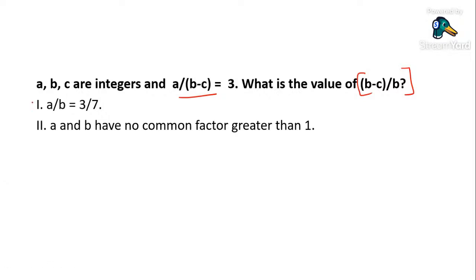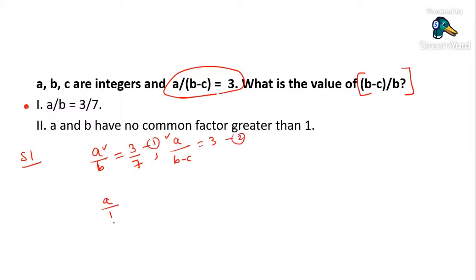Let's focus on the first statement. What the first statement says, we have information from the first statement, A by B is equal to 3 by 7. Okay? Very good, Pratmesh. That's the right answer. From the question itself, we also have the information A divided by B minus C equals 3.